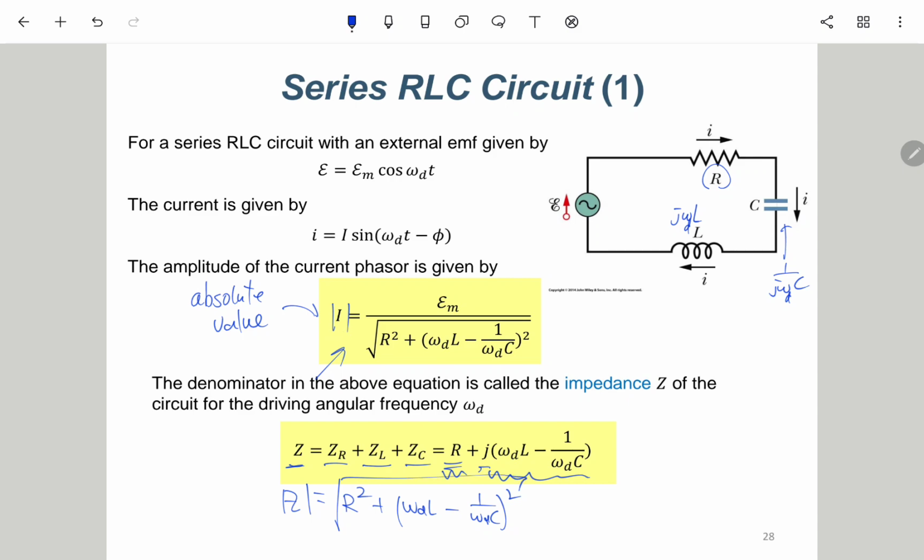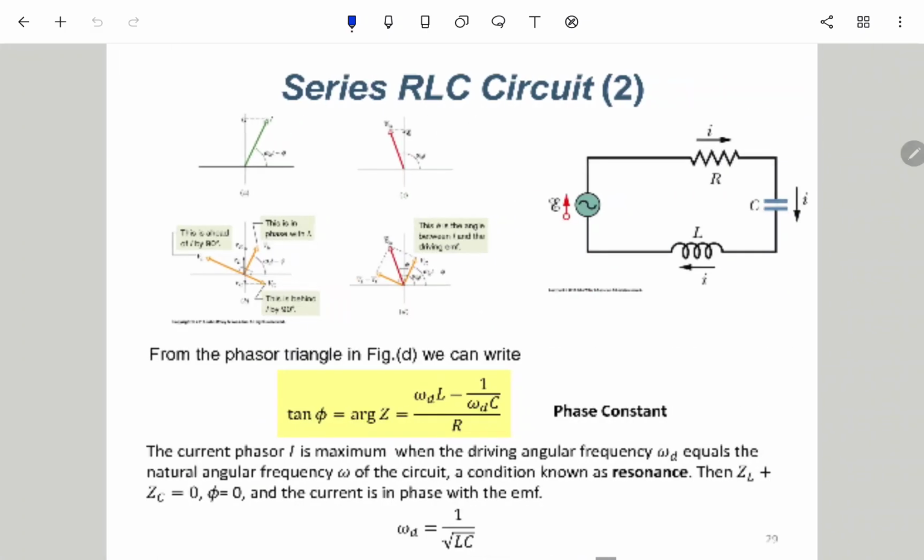So the I there is like we have Em all over this absolute value of Z. So it becomes that one. Okay, so that's why we have this expression.